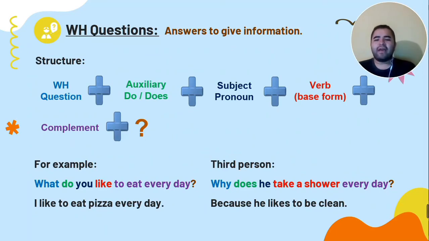For example, what do you like to eat every day? And the answer, remember we have to give information. I like to eat pizza every day. In the third person it is the same. Why does he take a shower every day? Because he likes to be clean. And as you can see, it's very easy, it's not complicated. This verb tense is actually the easiest in English grammar, but we have to keep all this information in mind.